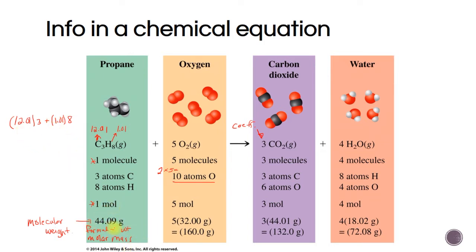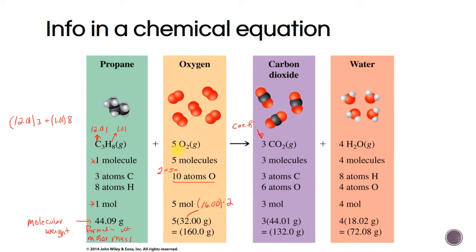So if I weighed out 44.09 grams of propane, it would react with precisely 160 grams of oxygen, because we said there's 5 molecules. Each molecule has 2 oxygen in it. So when I look at the periodic table, oxygen is listed at 16.00, and I got 2 of them, so that's where this 32 comes from.